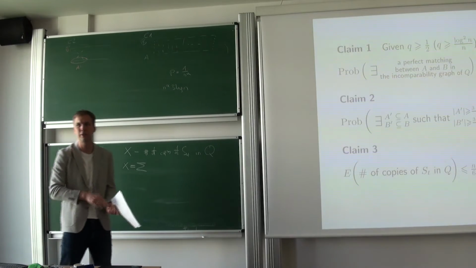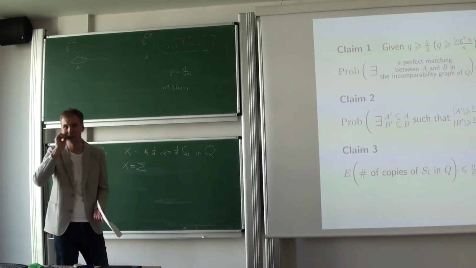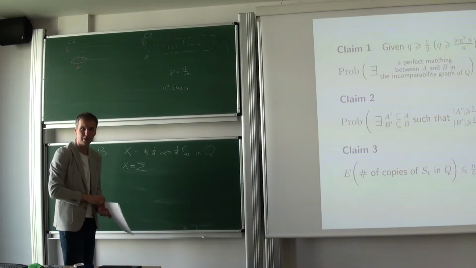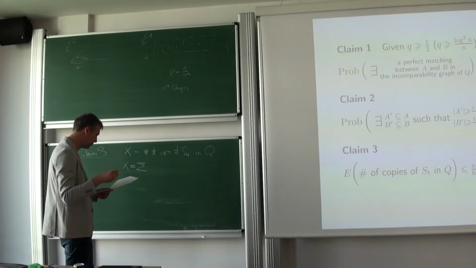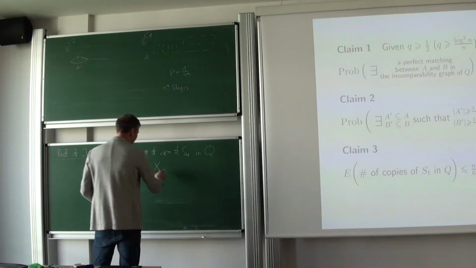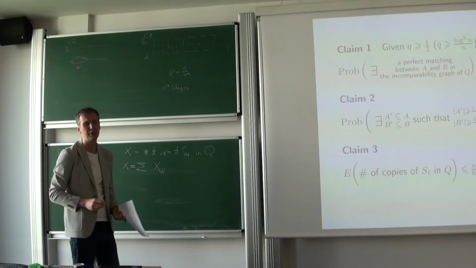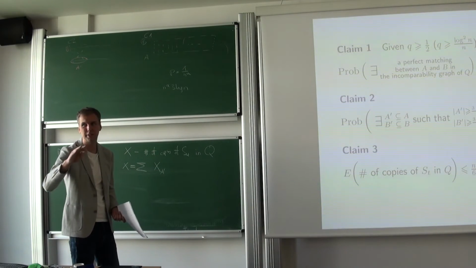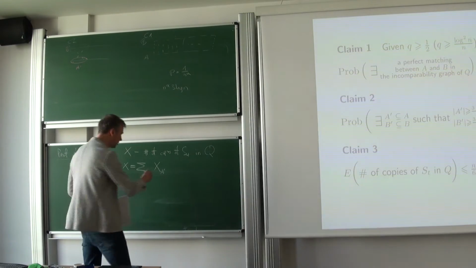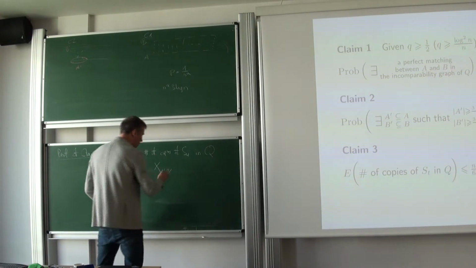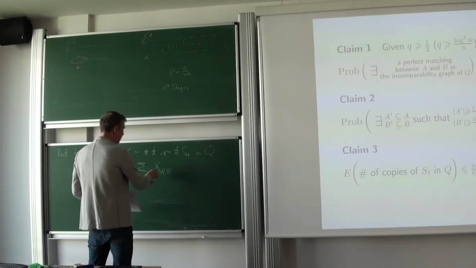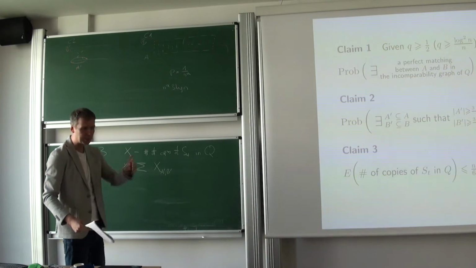For every possible position of a standard example, I want to have an indicator if it is there or not. So what is a position? Well, it's a subset A prime of A, a t subset. I'm talking about S_t, so we have t elements at the bottom. It's a subset of B prime. So this is an indicator at the specific subset.